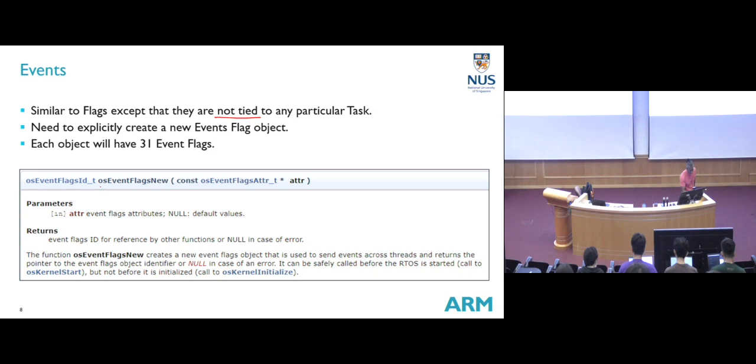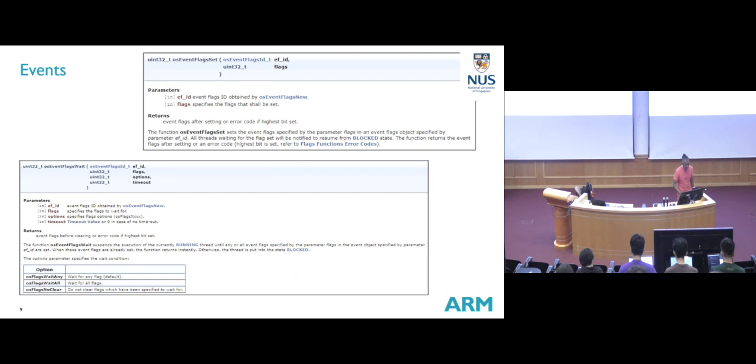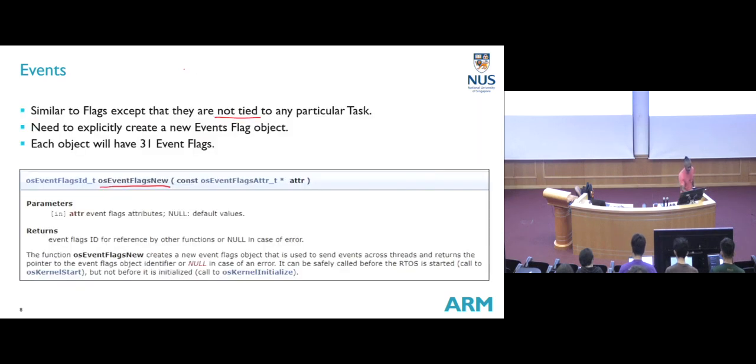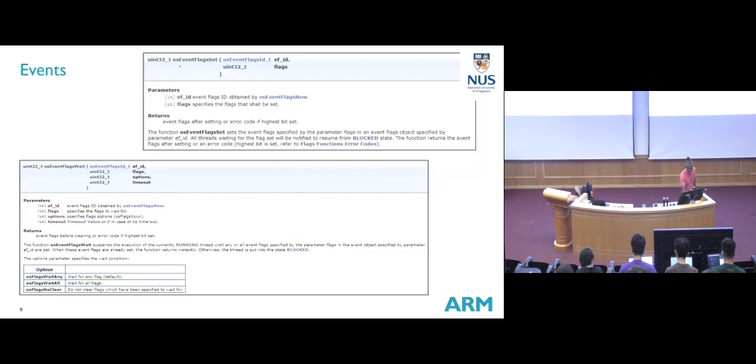I must call OS event flags new, and then create the event flag. Subsequently the event flag set and wait have the same behavior. Only instead of specifying a thread ID, I use the event ID. But the behavior is the same.